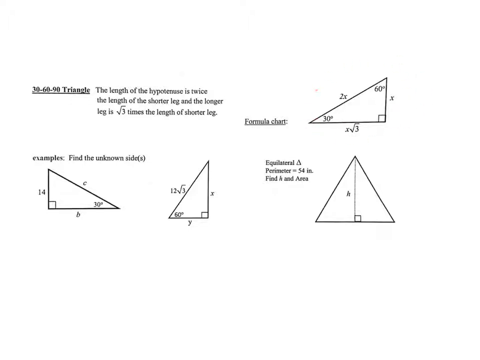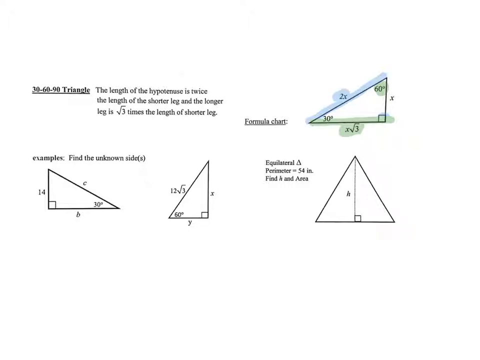This is what the formula is when we're working with 30, 60, 90 right triangles. You really want to pay attention to the labeling. Of course, the hypotenuse is always across from the 90-degree angle, and then the side across from the 60-degree angle will always be x square root of 3.